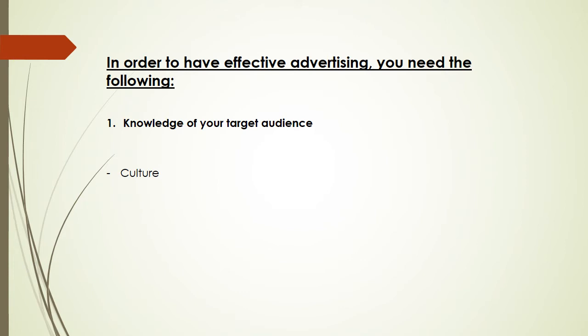You wouldn't want to add something that is unacceptable to the Muslim community. Right? If you want to advertise something to the Jewish community, you don't want to add something that's not kosher. So you need to know the culture of your target audience, but also you need to know about the subculture.